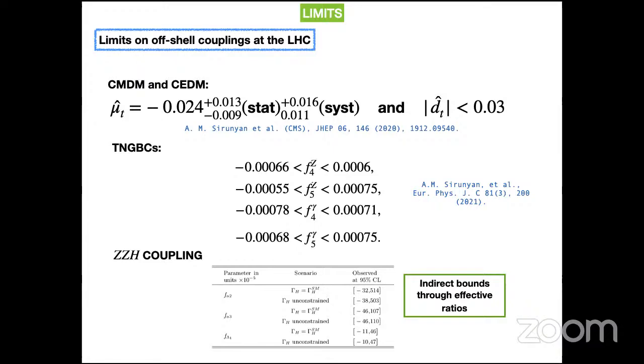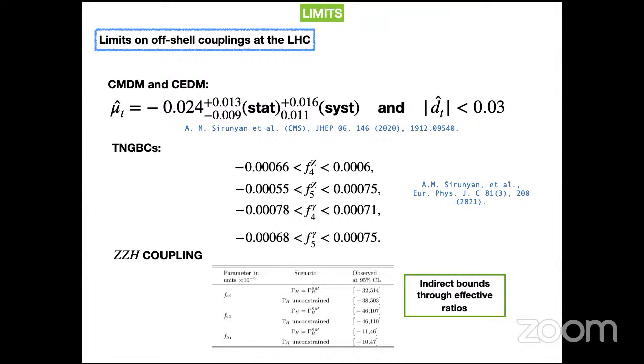Here I show the results for the chromomagnetic dipole moment and the chromoelectric dipole moment of the top quark. And here I show some constraints on the triple neutral gauge boson couplings. I don't show all the results, but for all the possibilities of this kind of couplings, there are available results.